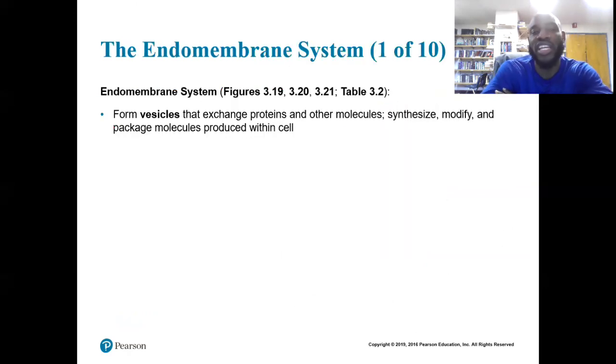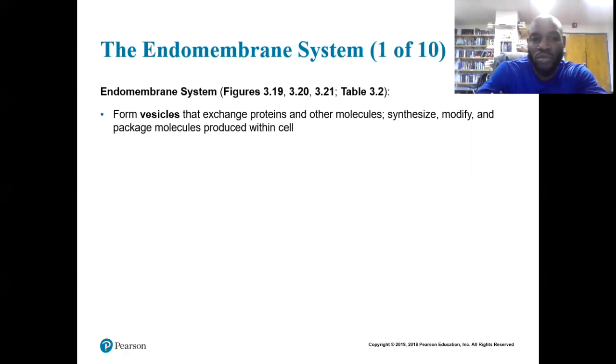Now we're going to go into the endomembrane system. You see that there are multiple slides about this, but this can get a little complicated. Remember, we have vesicles. We talked about vesicles and we talked about endocytosis, bringing liquids and solids into the cell. Also, exocytosis, bringing liquids and solids out of the cell.